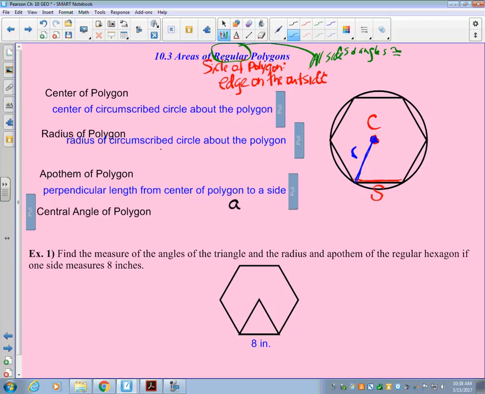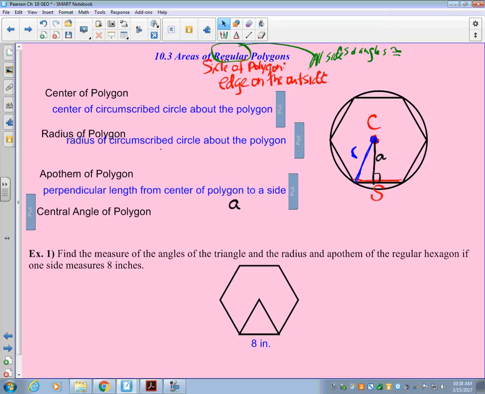Little a for apothem. What do we usually use big A for? Area. So we use apothem as a little a. So it goes from the center to the side. The apothem.